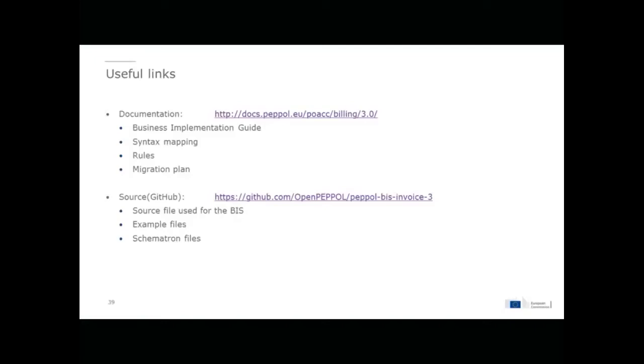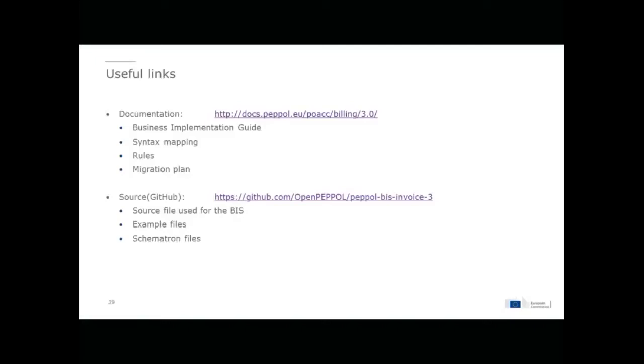Yes. The PEPPOL CIUS has, in its Appendix B, the usage of the CII described. The mandatory BIS will be the UBL one, but there will be possibilities to state that you receive the CII, UN/CEFACT version, and the same rules and restrictions will apply.